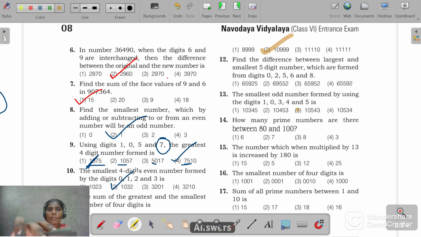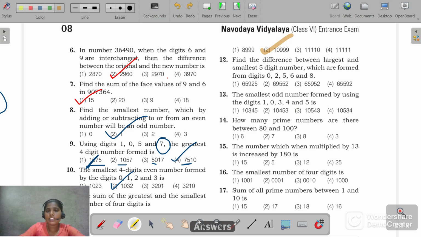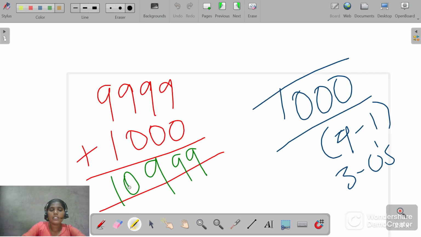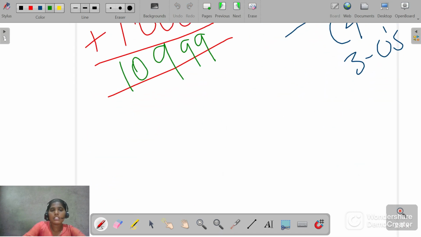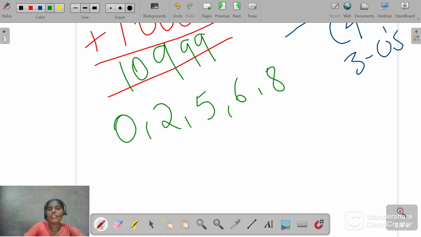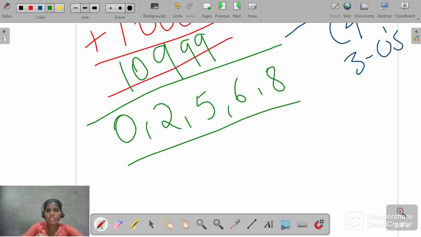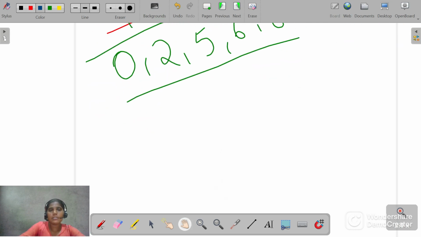So the numbers are 0, 2, 5, 6, 8. I'll just write down the numbers 0, 2, 5, 6 and 8. So from these given numbers, we have to find the greatest number and the smallest number. After finding it, we have to find the difference of those. So we'll see here.